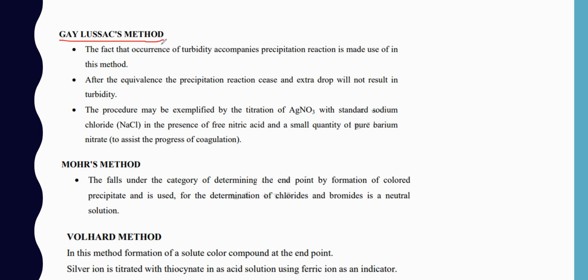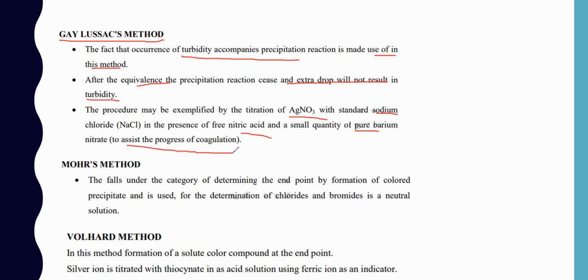Gay-Lussac's method: the fact that turbidity accompanies a precipitation reaction is made use of in this method. After the equivalence point, the precipitation reaction ceases and an extra drop will not result in turbidity. The procedure may be exemplified by the titration of AgNO3 with sodium chloride in the presence of free nitric acid and a small quantity of pure barium nitrate to assist the progress of coagulation.